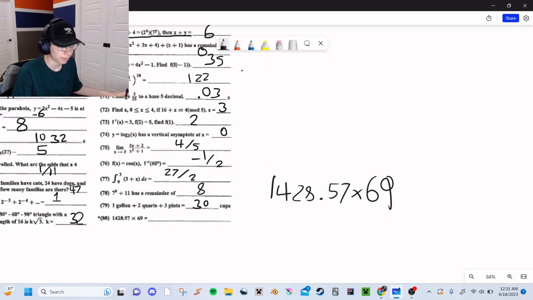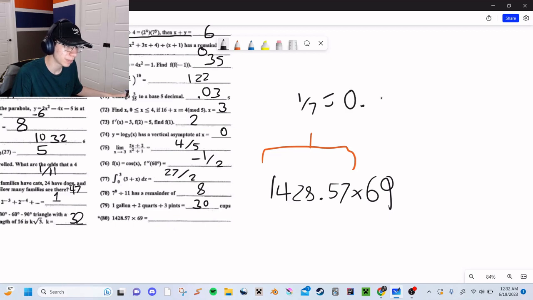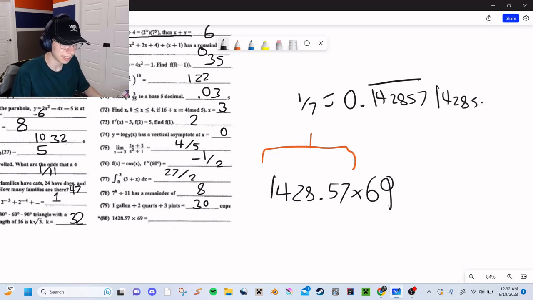Well, the trick for this question comes from recognizing that this number resembles the digits of 1/7. 1/7 being 0.142857 repeating. This little bar at the top represents that it's going to be those same 6 numbers repeating over and over infinitely.